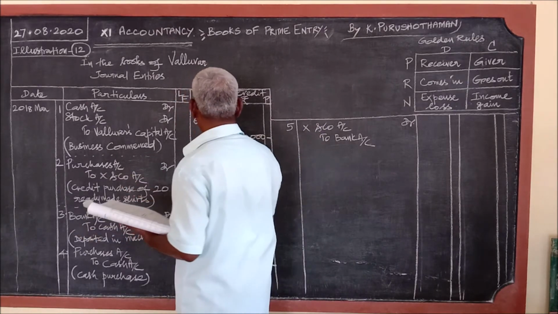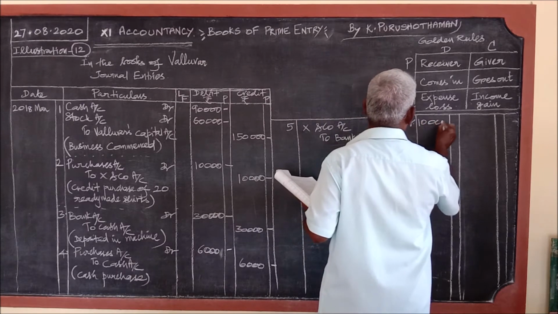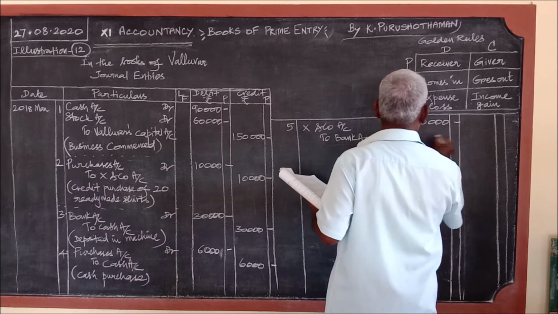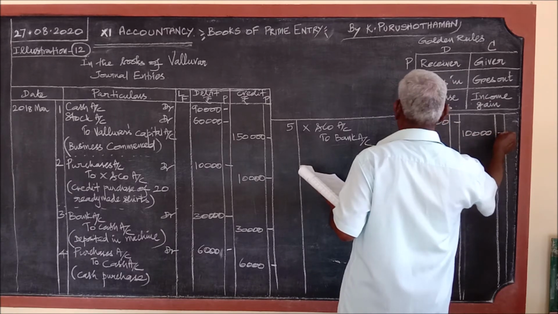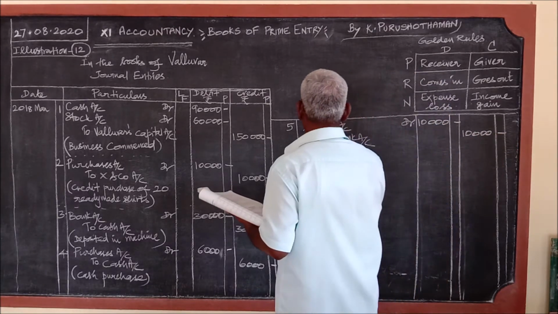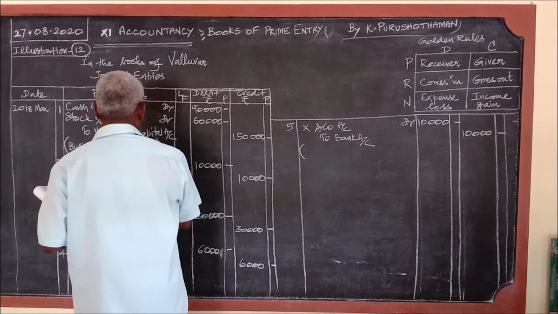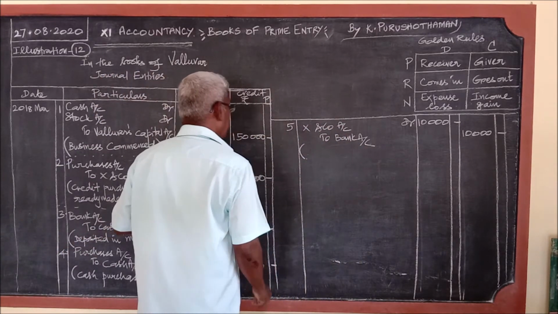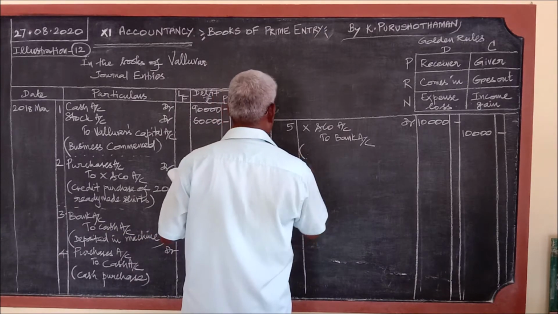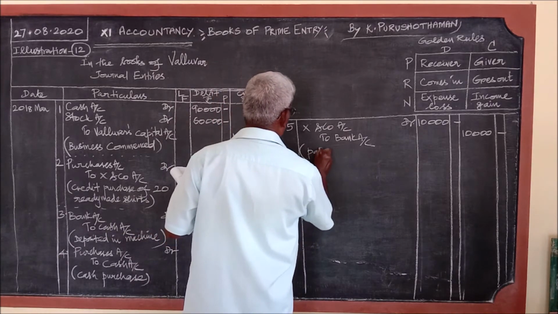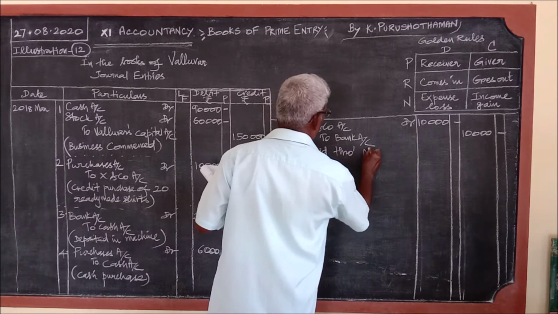So that amount is paid now to X and Co. In this there is no amount given; only from the second transaction you should find the amount paid. Narration: paid through NEFT.